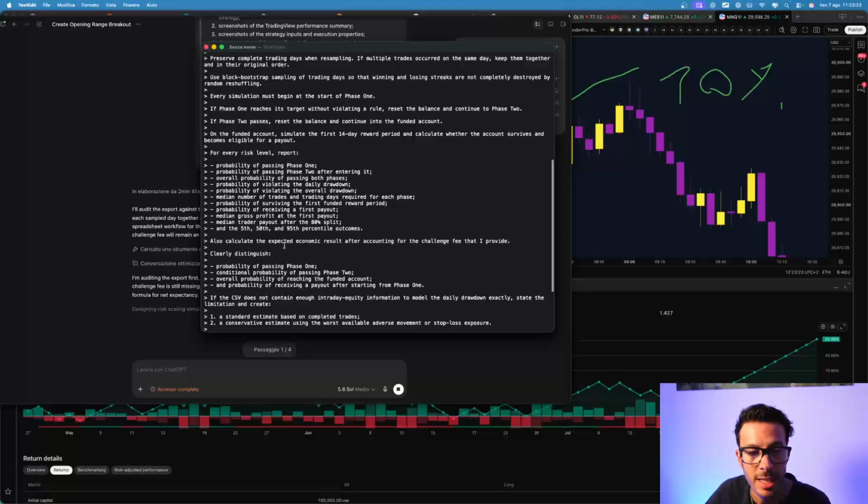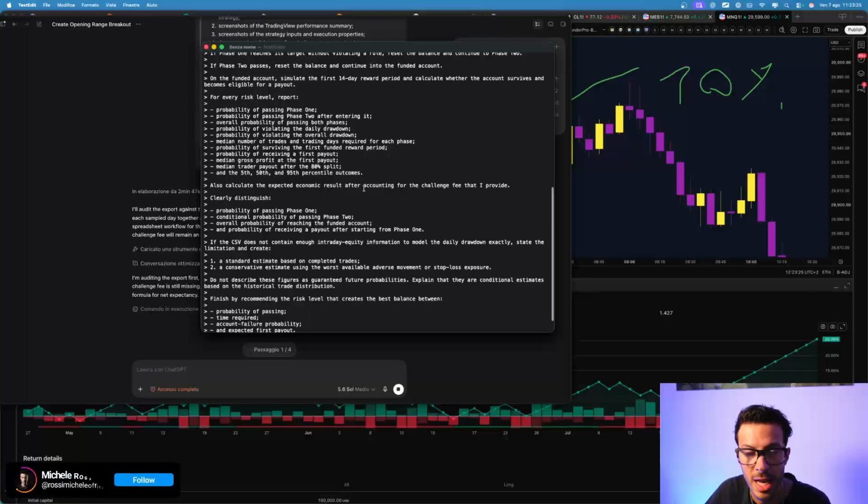Also calculate the expected economic result after accounting for the challenge fee that I provide. Clearly distinguish probability of passing phase 1, conditional probability of passing phase 2, overall probability of reaching the funded account, and probability of receiving a payout after starting phase 1.